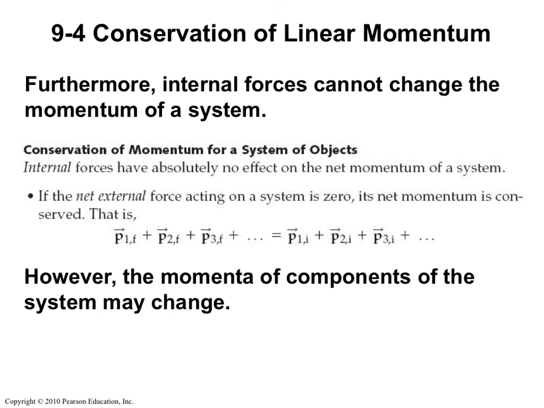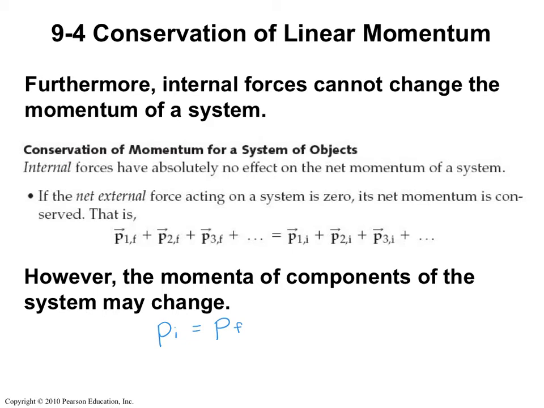Just like we have the conservation of energy, we also have the conservation of momentum. All the conservation of momentum is saying is that my initial total momentum is equal to my total final momentum.